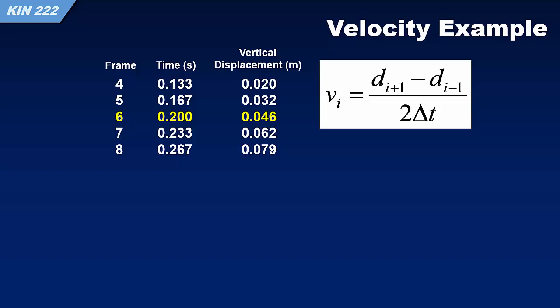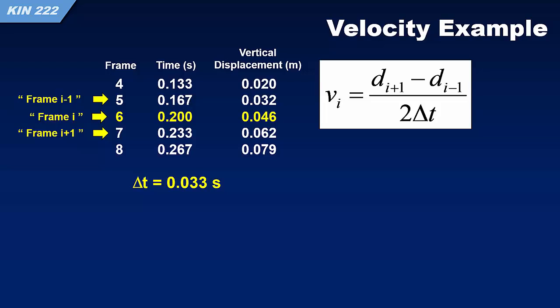What I've got here is a subset of that vertical displacement data, from frame 4 to frame 8 of that video. You can see the vertical displacement for all those frames. We're interested in finding the velocity at frame number 6. In this setup, frame 6 will be frame i, frame 7 is frame i plus 1, and frame 5 is frame i minus 1.